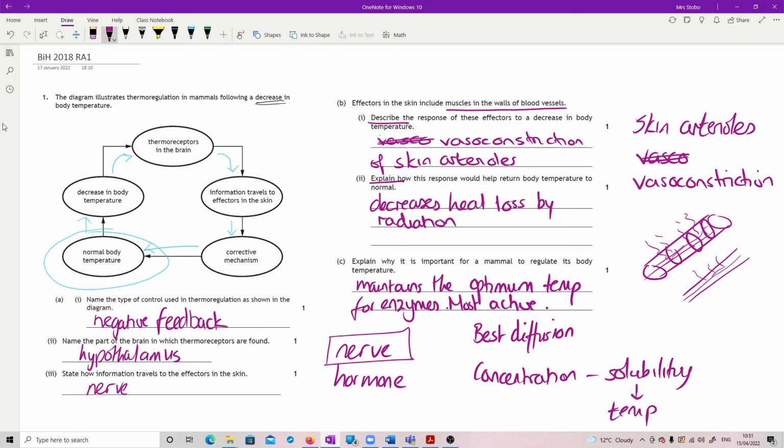So there's a kind of knock-on effect of this. So the best diffusion rates are where you've got good solubility, giving you a high concentration to allow you to get a good high to low gradient. So you could say just your best diffusion or high diffusion rates. Either of those would get you the mark.